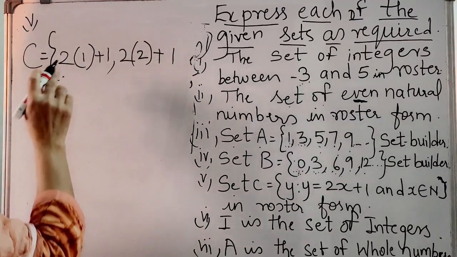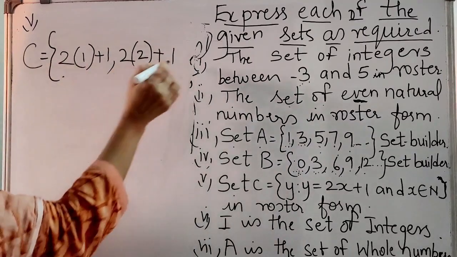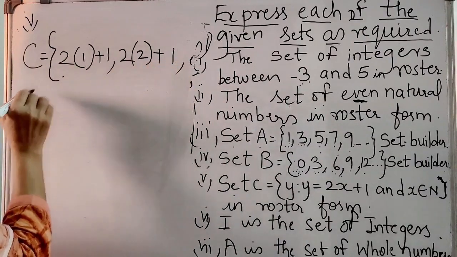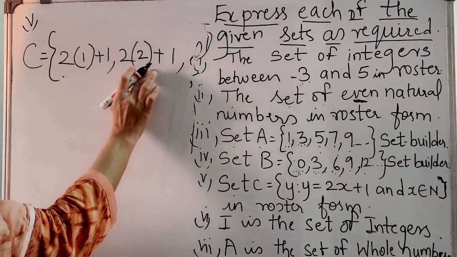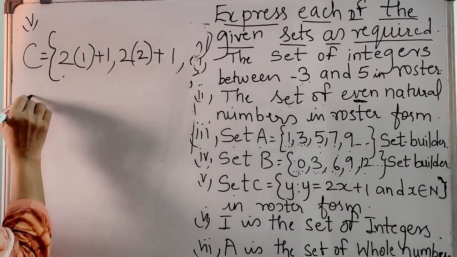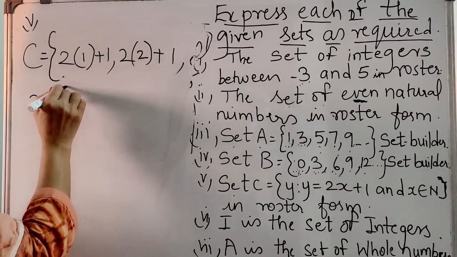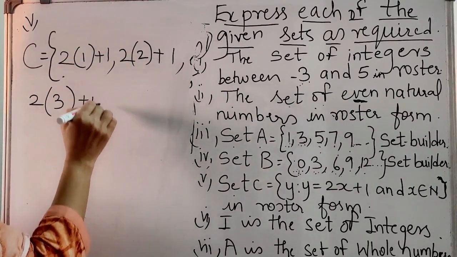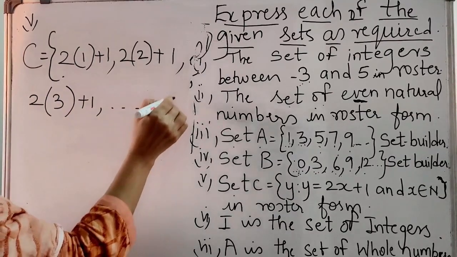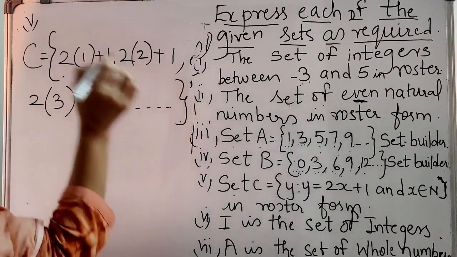The variable is only this x. So one number you get, two numbers you get. Let us calculate up till 3. So now 2 is over, you put 3, 3 plus 1. It goes on and on. You complete the curly bracket.